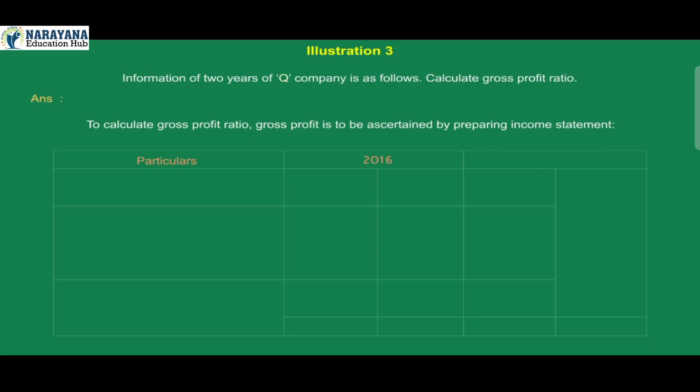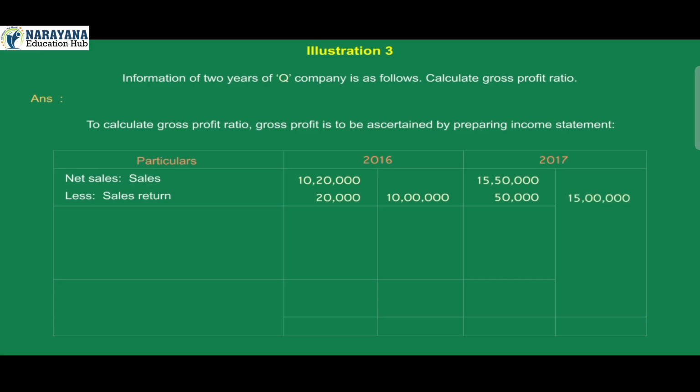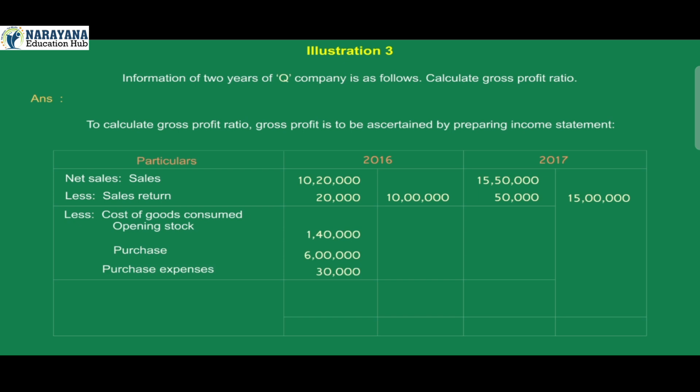Particulars: 2016-2017. Sales 10 lakh 20,000 less sales return 20,000, net sales 10 lakh. Sales 15 lakh 50,000, sales return 50,000, net sales 15 lakh. Less cost of goods consumed: opening stock 1 lakh 40,000, purchase 6 lakh, purchase expenses 30,000, total 7 lakh 70,000, less closing stock 1 lakh 60,000, cost of goods consumed 6 lakh 10,000.